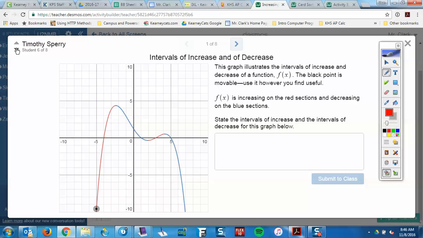And I don't care how you give the intervals, whatever notation you want to use is fine. You just want to describe it in words, or use brackets, or whatever.